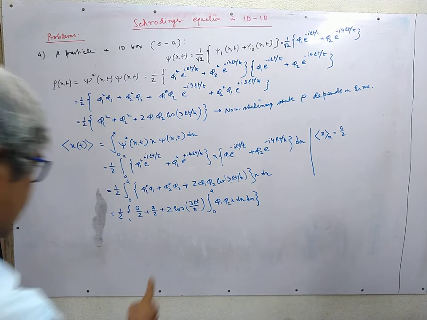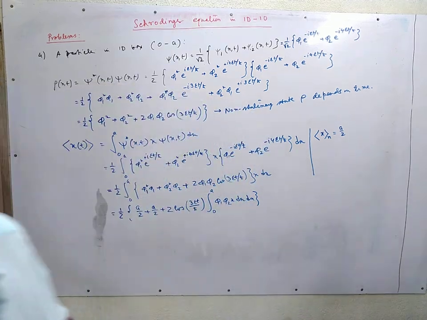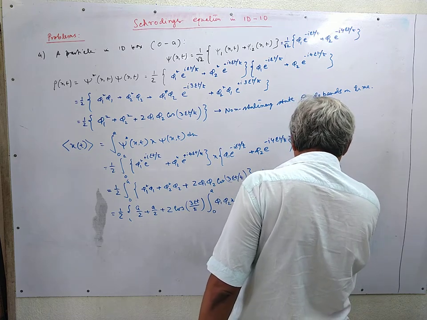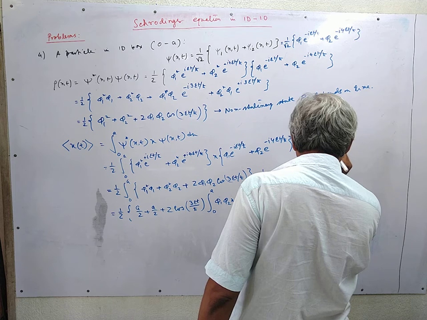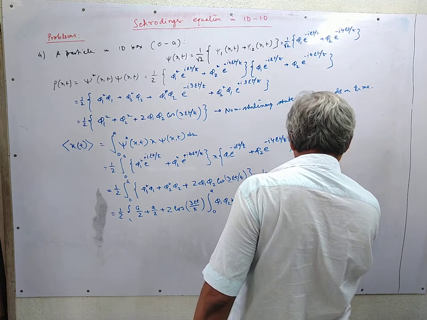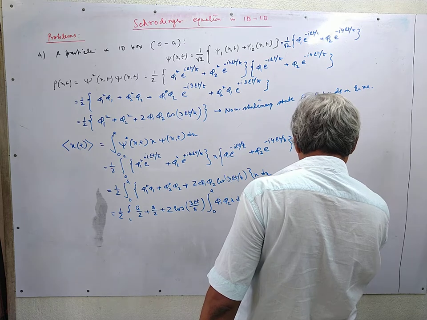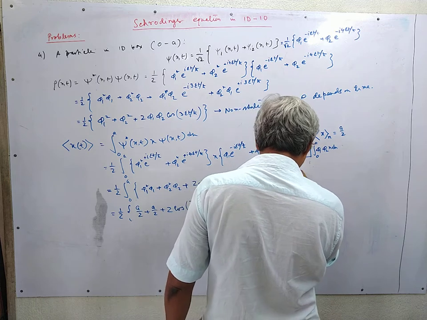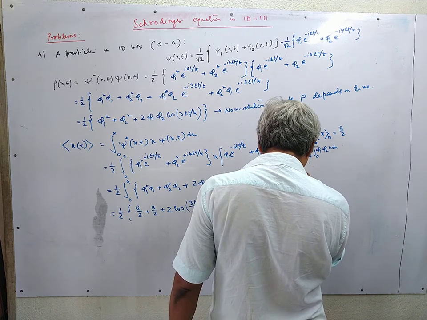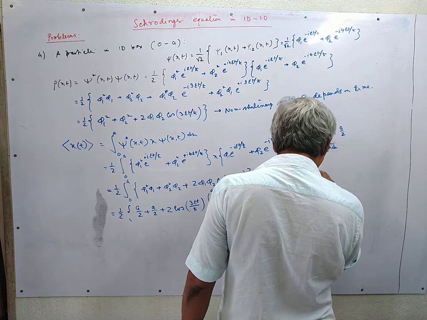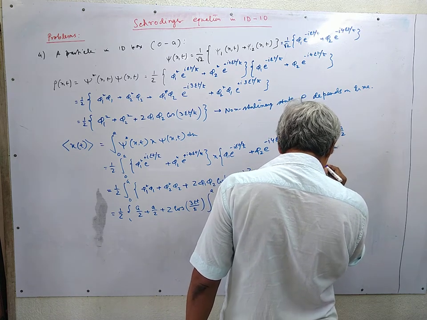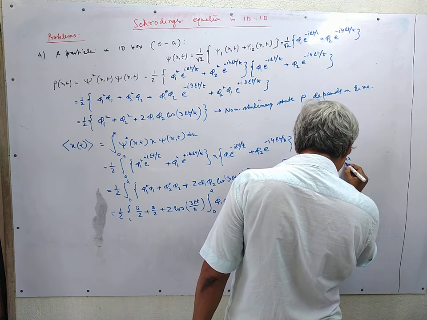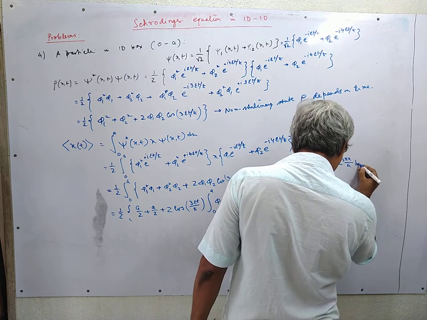Then we are to calculate this integral, and this integral is the integration of phi 1 phi 2 x dx from 0 to a, is equal to 2 by a integration x sine pi x by a sine of 2 pi x by a dx.